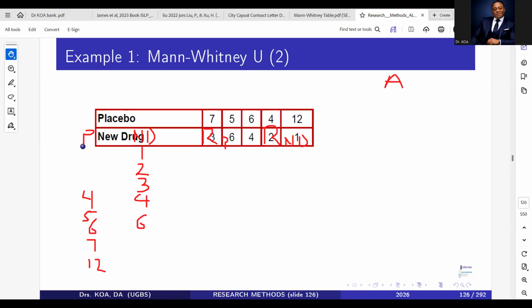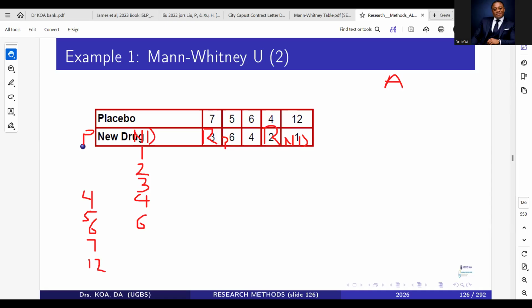Hello, sir. Please, I have a question. Yes. Okay, so I know we're writing the numbers in ascending order under placebo and drug, but I noticed that, so why didn't we start maybe number 4 under placebo on the same level as new drug? Because that would be the first number under that one.